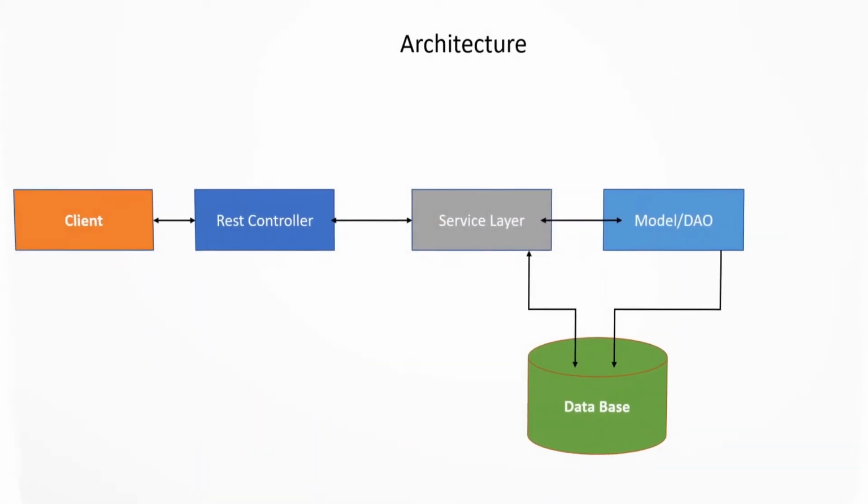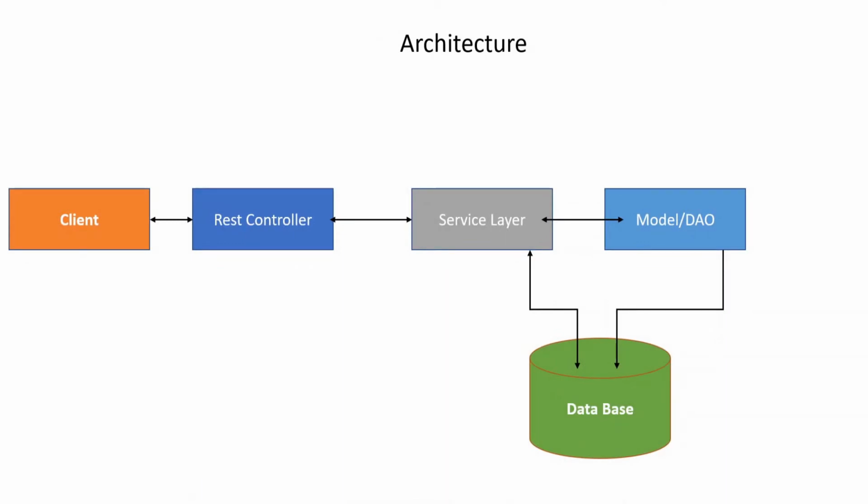Now if you see the flow of the Spring Boot architecture, this is how it will look. As I explained earlier, in 90 or 95% of cases Spring Boot is used for microservices. In today's world, almost 90% of applications are based on microservices architecture. The client is nothing but the presentation layer, sending the request via HTTP to the REST controller.